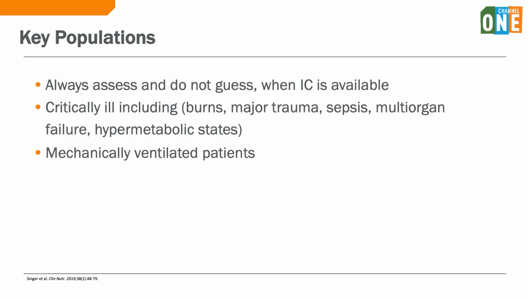Mechanically ventilated patients benefit due to the ability to accurately capture oxygen consumption and carbon dioxide production with closed circuit monitoring. Additionally, patients with very low or very high BMI also benefit, as predictive equations under or overestimate needs in these groups.